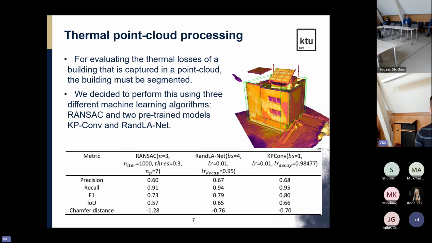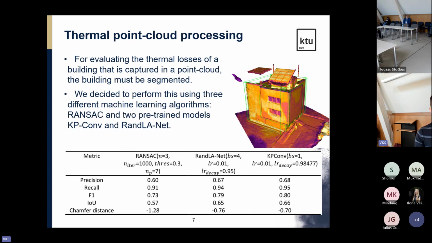Regarding the processing of the thermal point clouds, we had to use algorithms for segmenting the building for which we want to calculate the heat losses. So we used different machine learning algorithms for that. We used the classic RANSAC algorithm and also two pre-trained deep learning models, KPConv and RandLA-Net.